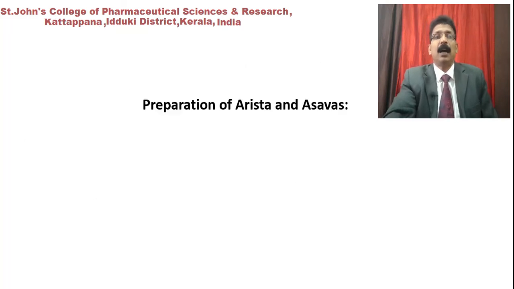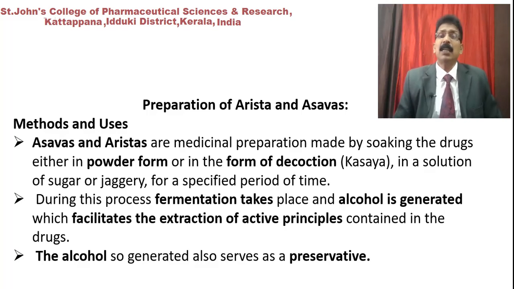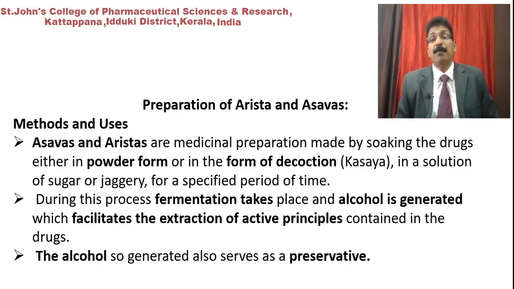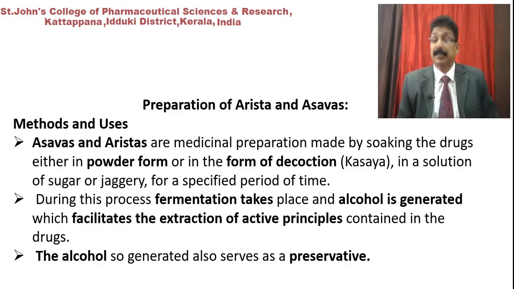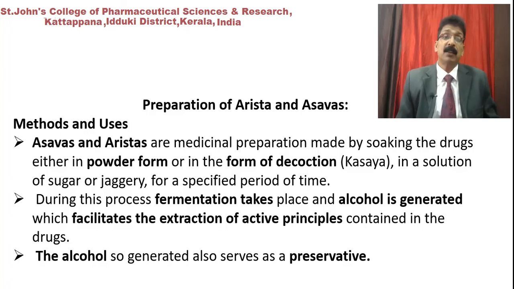And next is the preparation of Arista and Asava. The method and uses: Asavas and Aristas are medicinal preparations made by soaking the drugs, either in powder form or in the form of decoction, kashaya, in a solution of jaggery or sugar for a specified period of time.